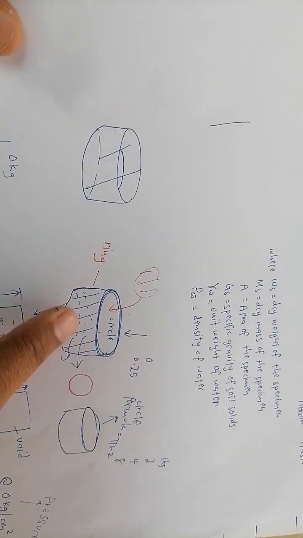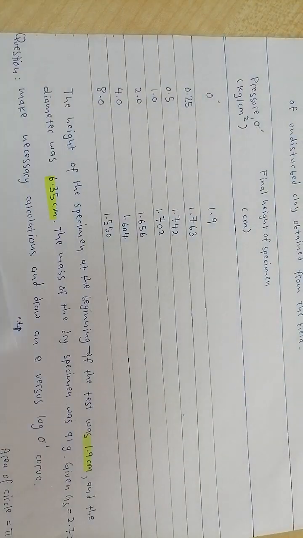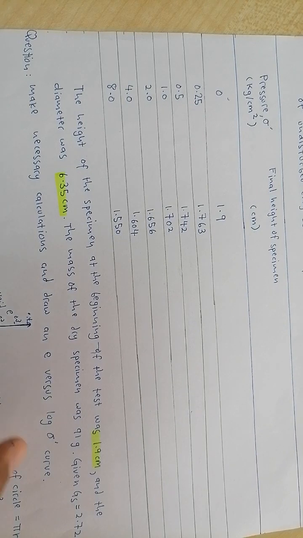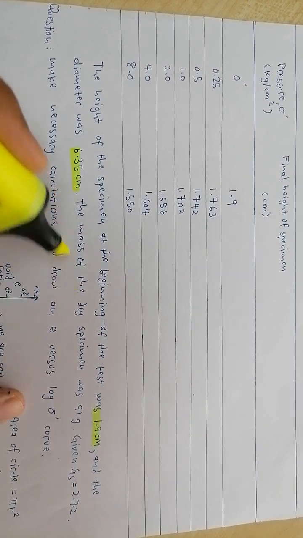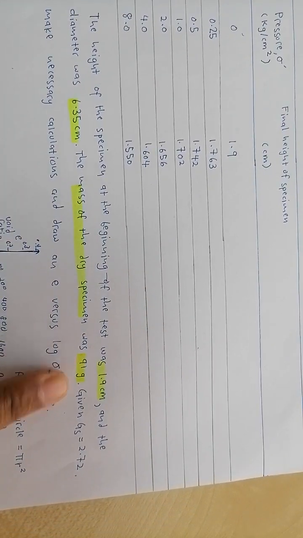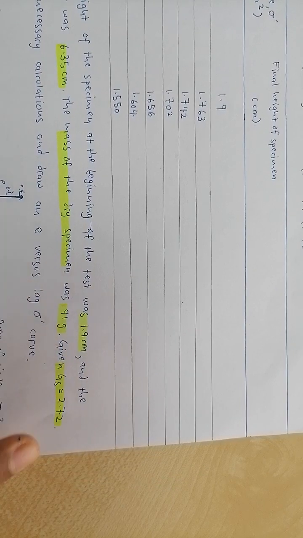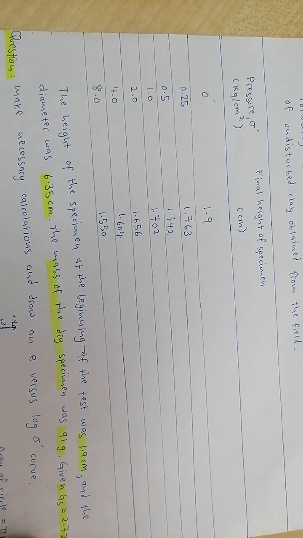I'm sorry to shift back and forth. The next raw data given is the mass of the dry specimen, which was 91 gram, and the specific gravity, which is 2.72. And then here are the questions.